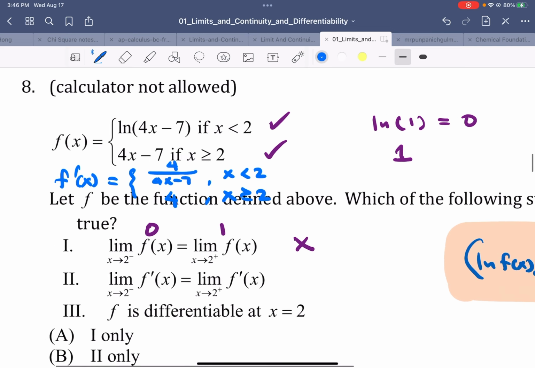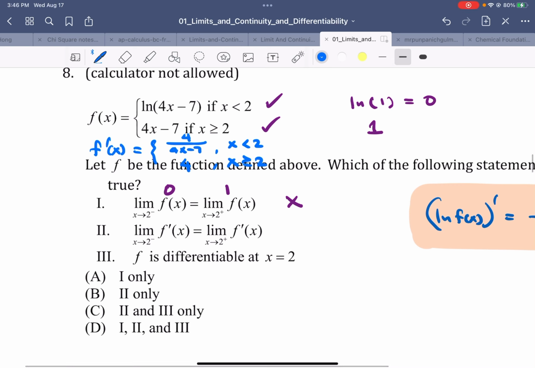On the left-hand side, you apply 2 in the first equation. So 4 times 2 is 8, 8 minus 7 is 1. Is it equal to the right-hand side, which is just 4? Yes, they are equal. So that is correct.